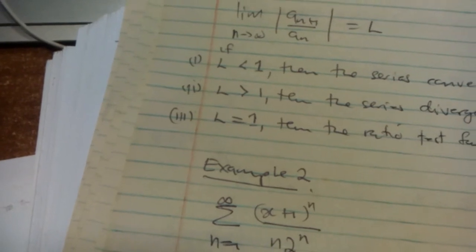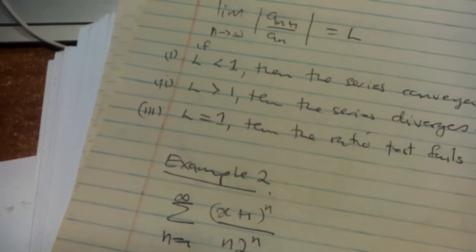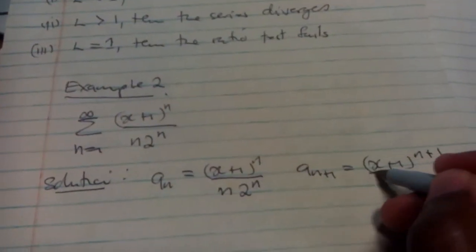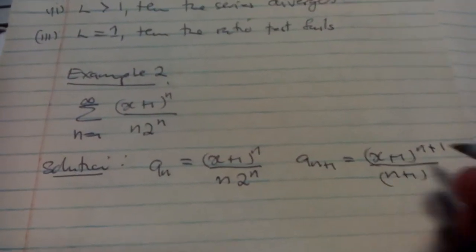You define your a_n to be (x plus 1) to the n over n times 2 to the n, and a_(n+1) to be equal to what? (x plus 1) to the n plus 1 over (n plus 1) times 2 to the n plus 1.